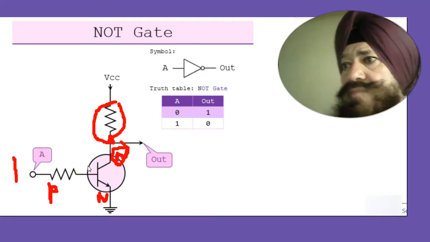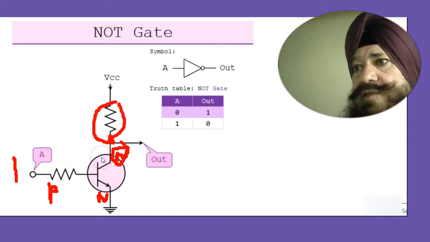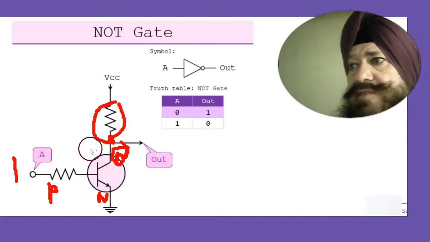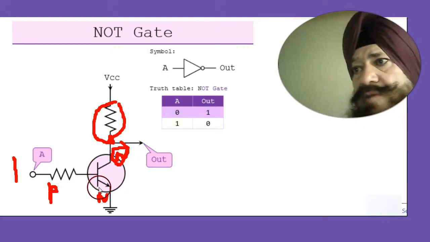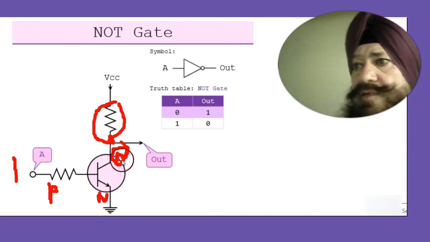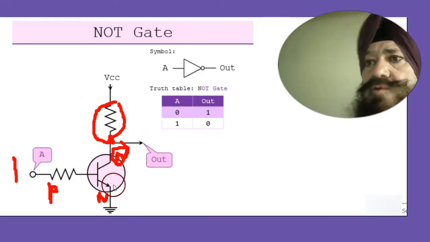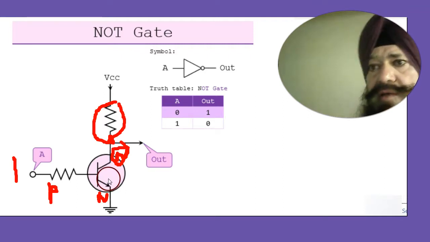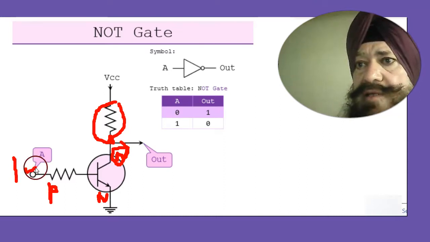So when both junctions are forward biased, the transistor goes to the saturation state. Then there will be smooth flow of current from collector to emitter, and the transistor acts as a closed switch. Or simply, when high voltage is given here, all the current starts flowing.